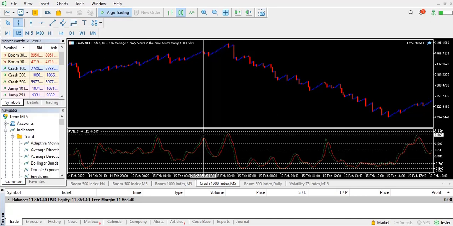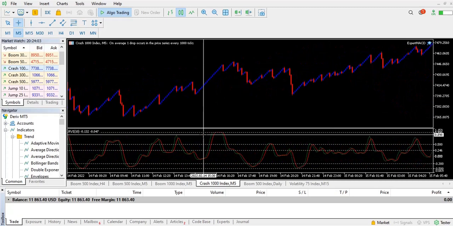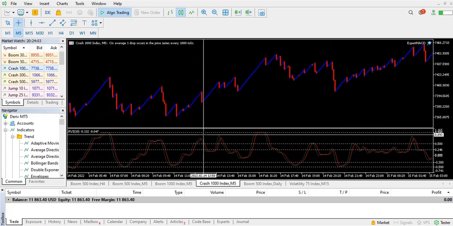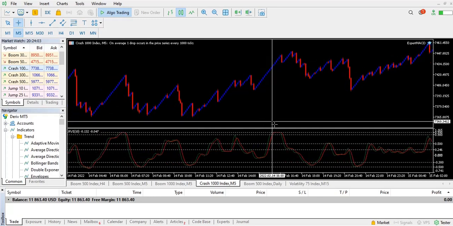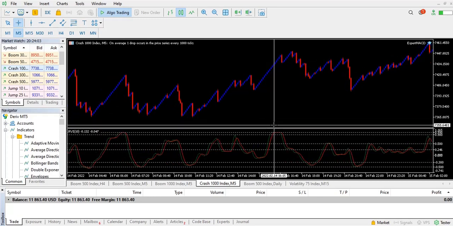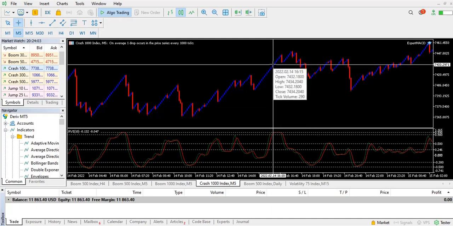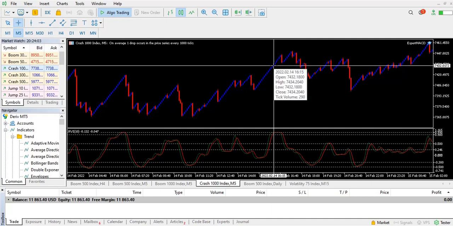So let's backtest on Crash 1000, on the 5 minute time frame. You can see here, once the two indicators touch, this is the candle where it touches. You can see straight down. Just follow that cross sign down to the indicator window.